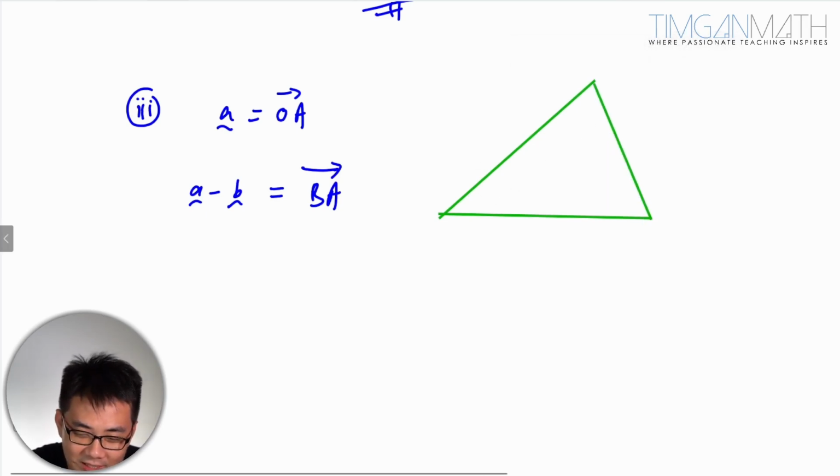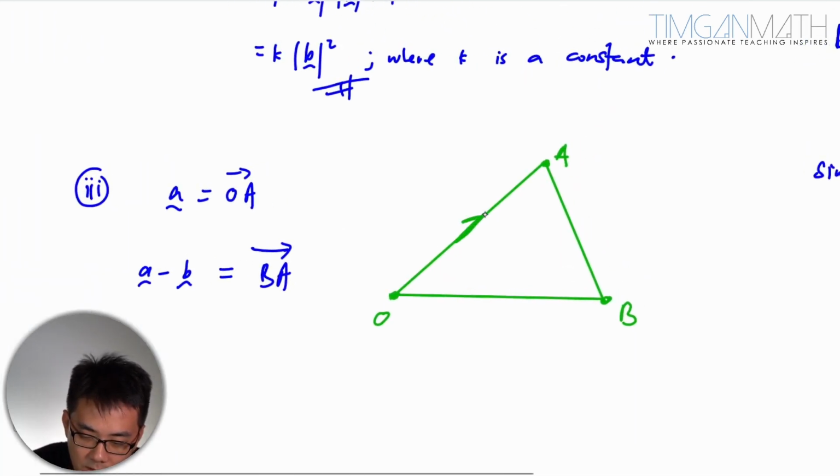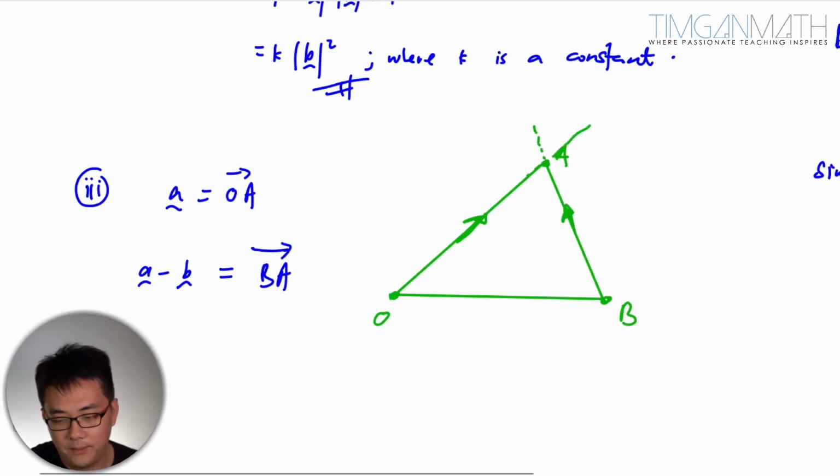So I'm going to just draw this out first. So this is O. This is A. Then this is B. So B to A and O to A. If I use the angle between OA and BA, this is OA, this is BA here.